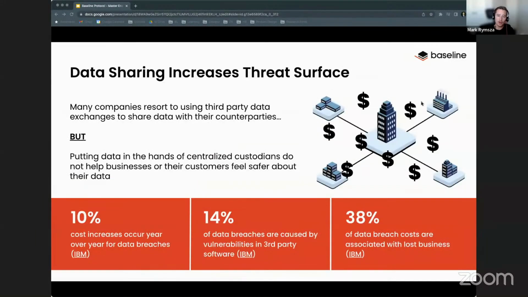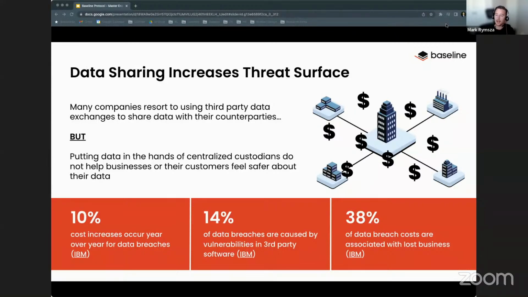Currently, the way that many people are automating these processes is by sharing this information with third parties. Some of these could be electronic data interchanges, or they could be centralized data portals. But sharing this data in these portals doesn't really make anyone feel safer about their data, and it increases your threat surface whenever you're sharing this data.